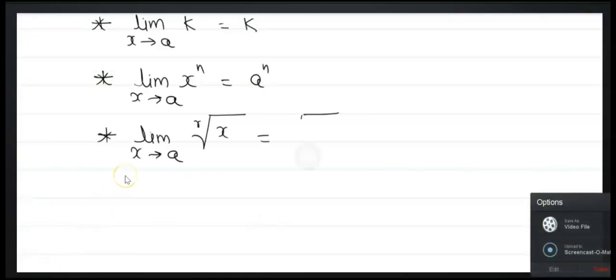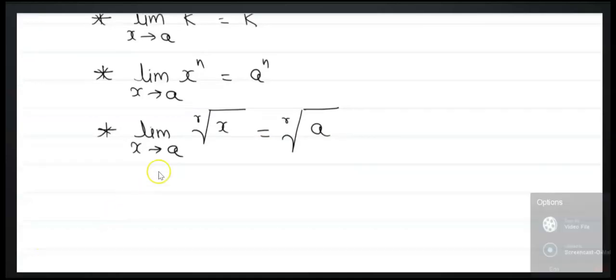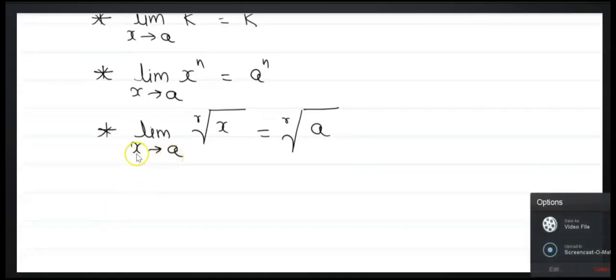Next, limit of rth root of x as x tends to a is equal to rth root of a. Again here we are replacing x by a.